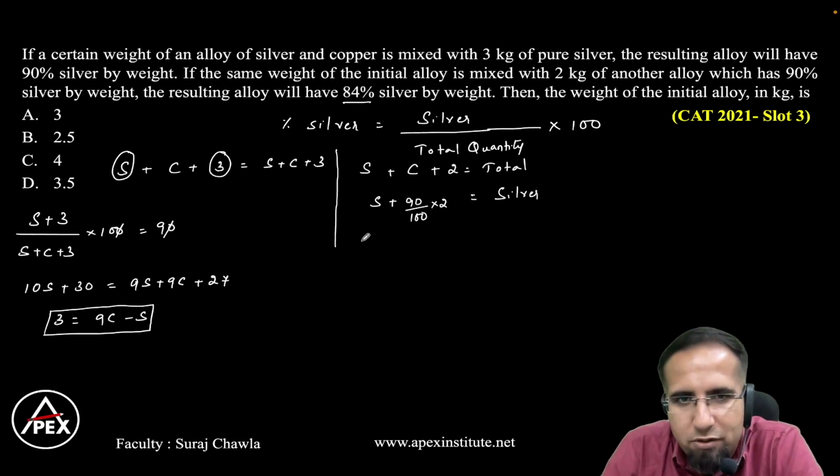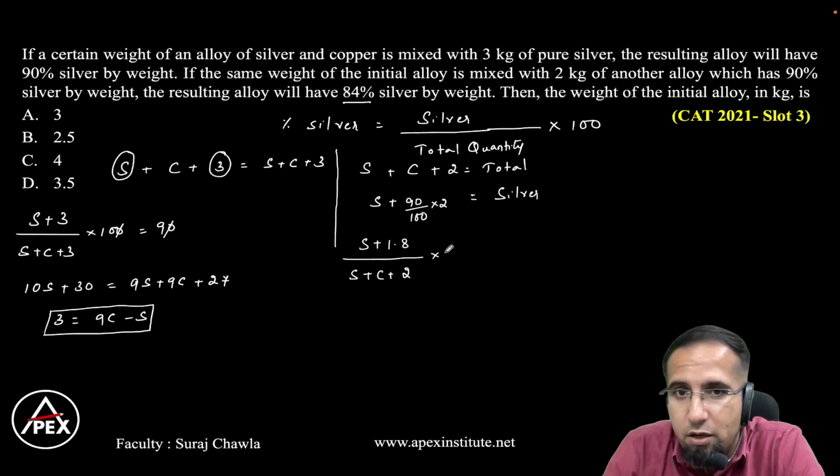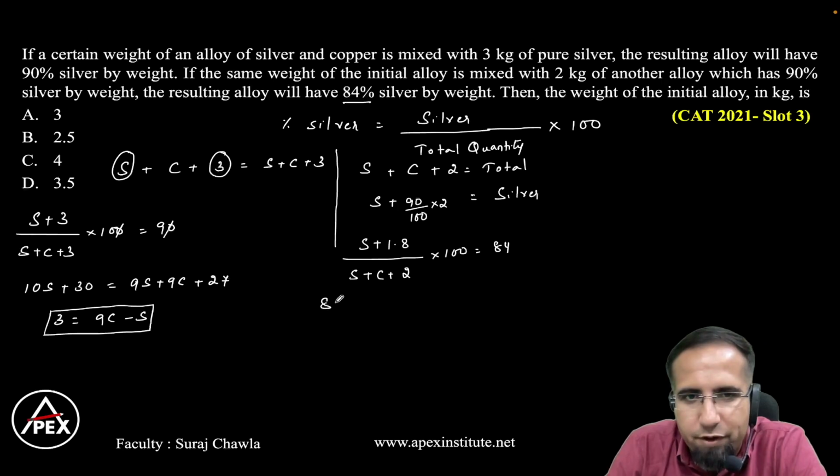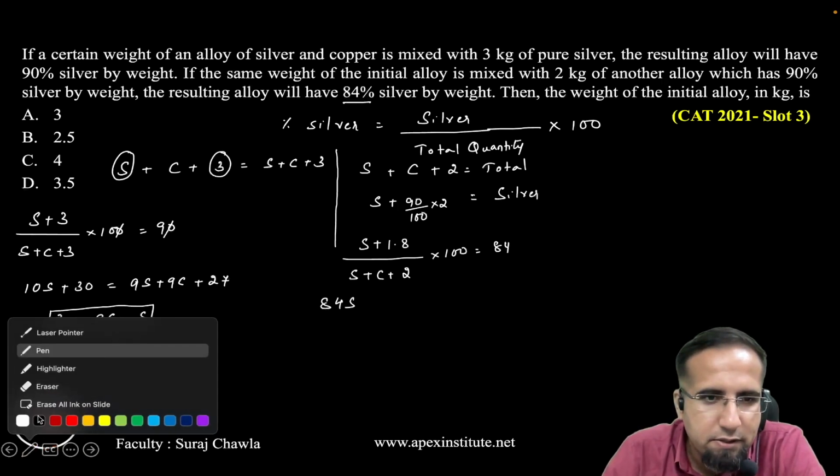So we can apply the same concept here: (S plus 1.8) divided by (S plus C plus 2), the total quantity, multiplied by 100, is equal to 84. So when we transpose the values, what do we get here?